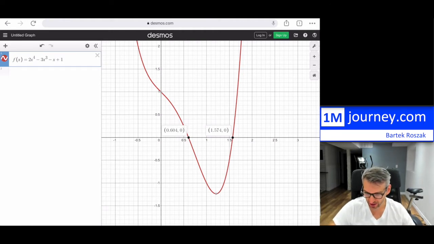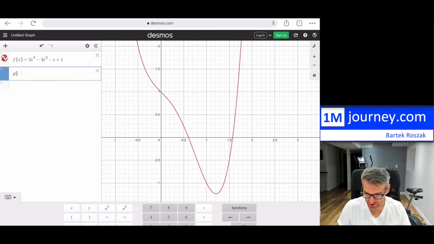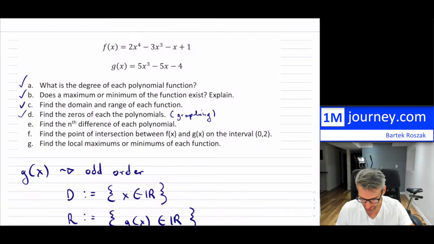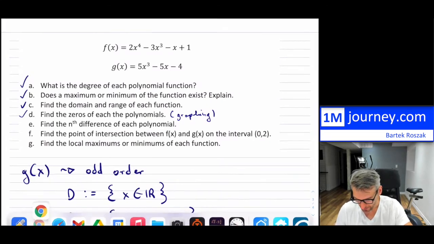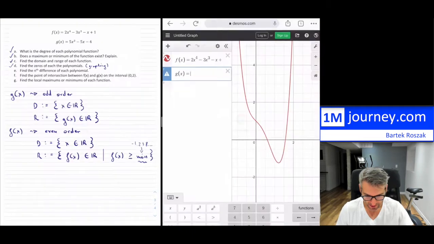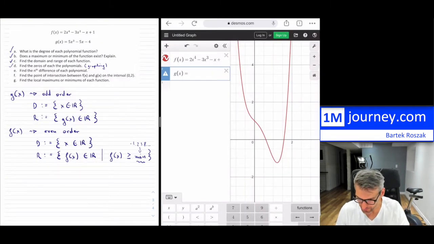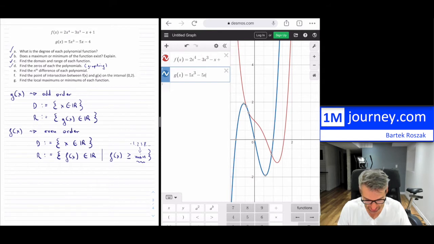Now the second one, the g of x, let's plot that one as well. Let's go back here and plot it. All right. G of x was 5x cubed minus 5x minus 4.